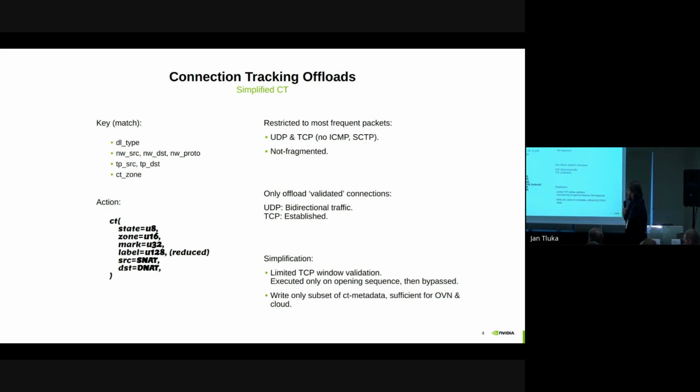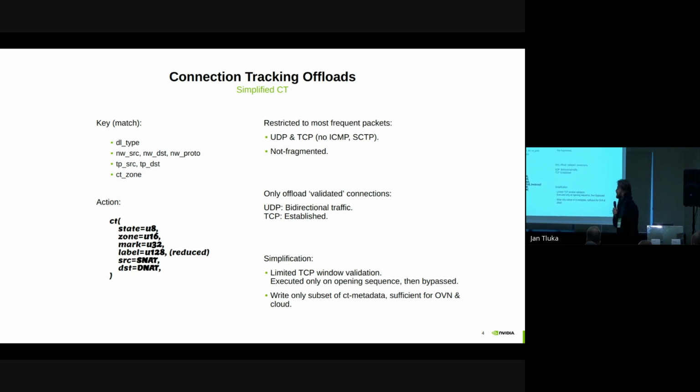And finally, we only support a subset of the CT metadata. So in particular here, you can see that the CT label is reduced from 128 bits. We only support 32 of it. So for our customers so far, it was sufficient. But of course, it depends on future OVN use.